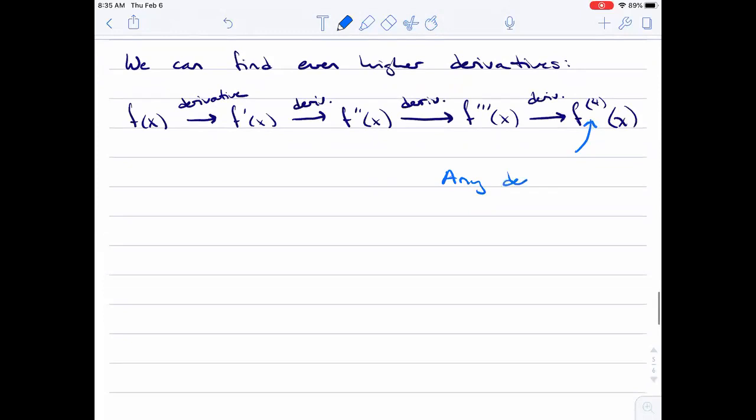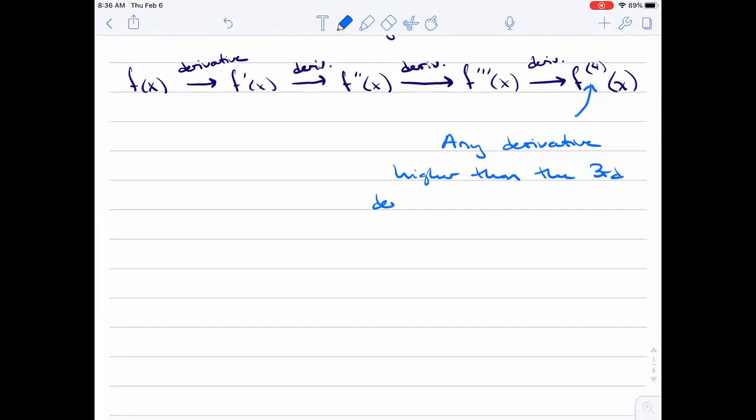Any derivative higher than the third derivative is denoted in brackets.